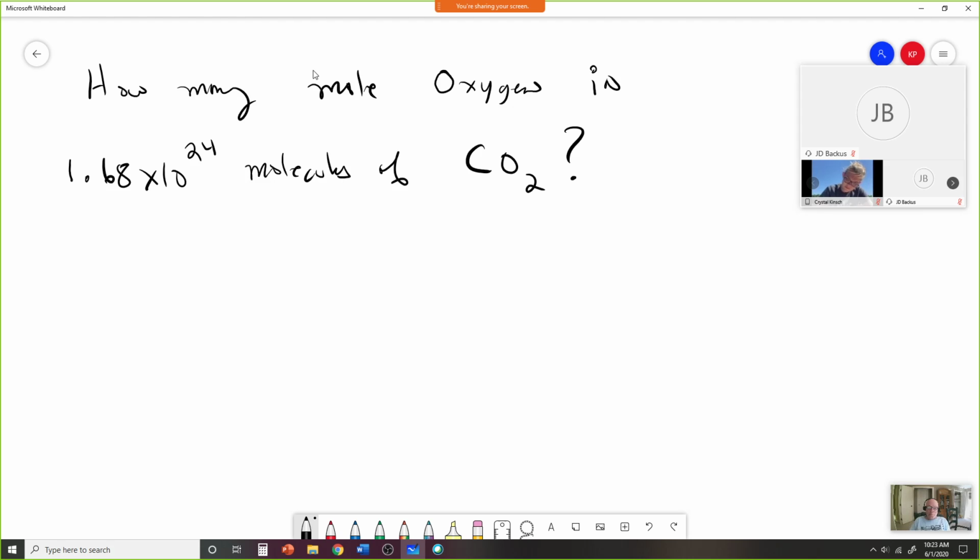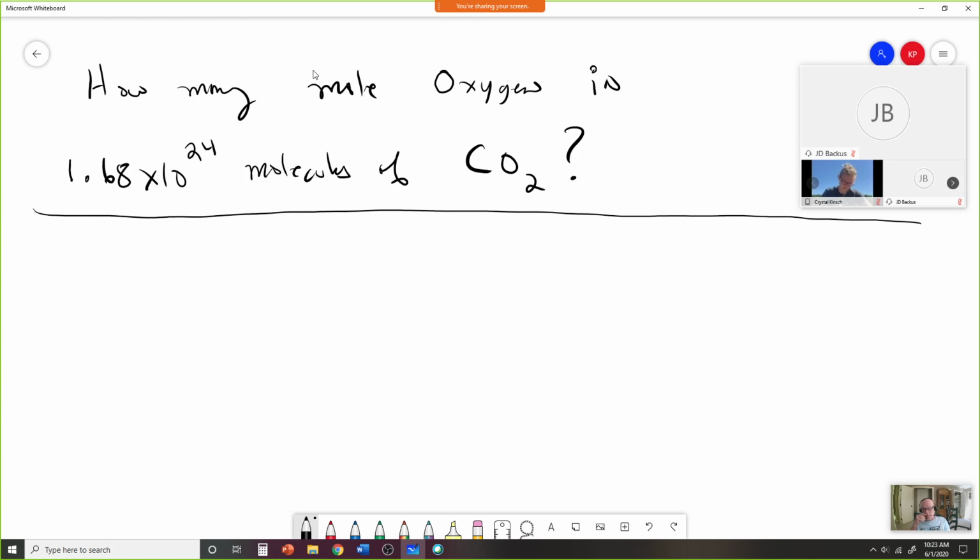All right, so how do we tackle something like this? Well, we have two questions that we can ask ourselves so far. One is, do I see number of molecules or atoms? Well, I think so, because if I look up here, I see a bunch of molecules of CO2.